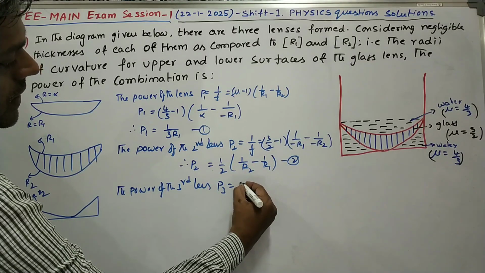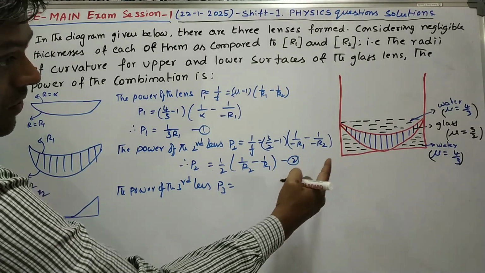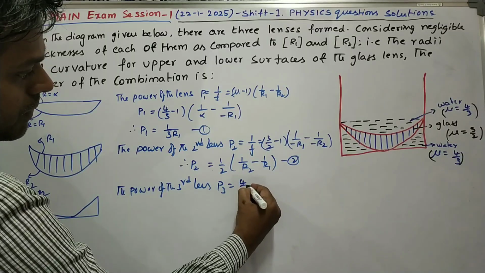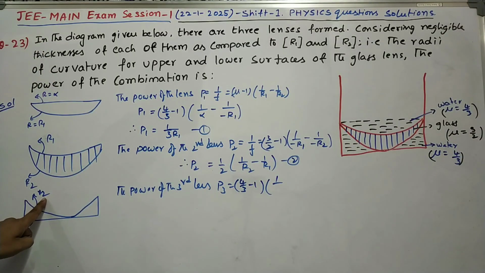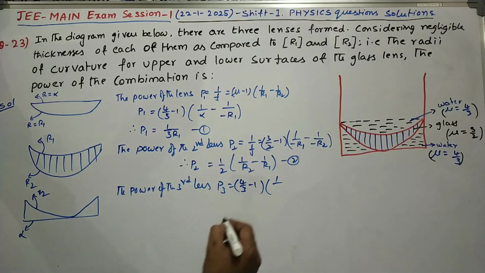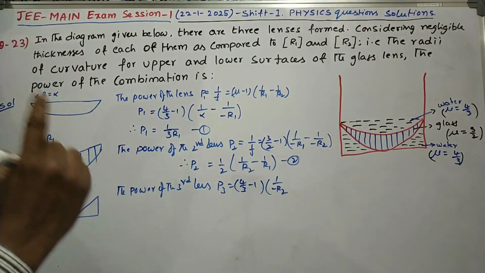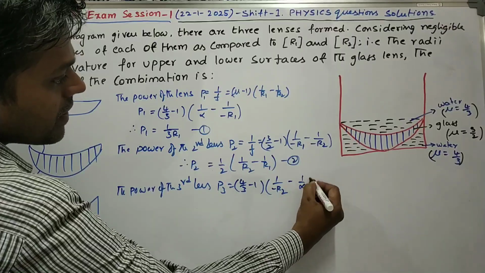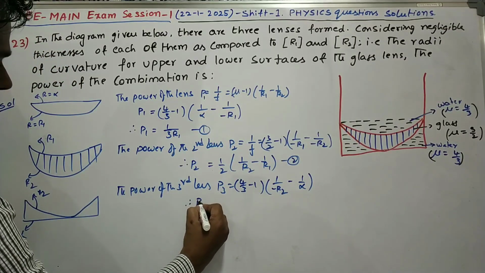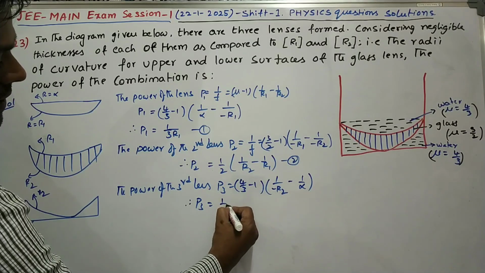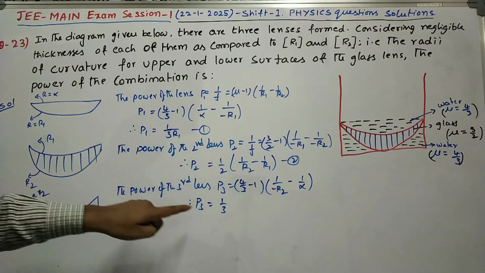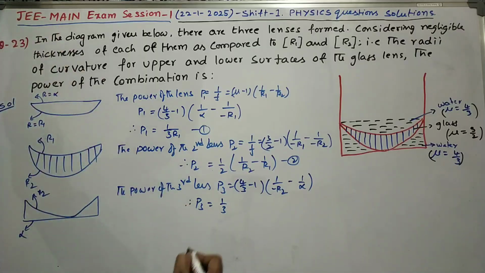So P3 is equal to, its refractive index, again water, that means mu is equal to 4 by 3 minus 1 into 1 by R1, that is infinity. R2 is also below the reference line, so according to sign convention it is minus R2, minus 1 by infinity. Therefore, P3 is equal to 4 minus 3, that means 1 by 3 of minus 1 by 3 R2, that is 1 by minus 3 R2.